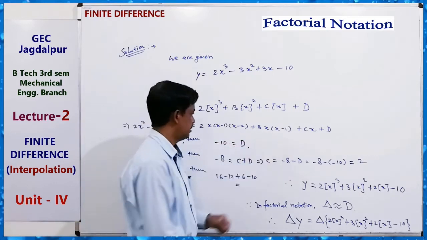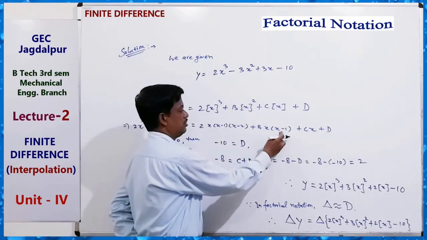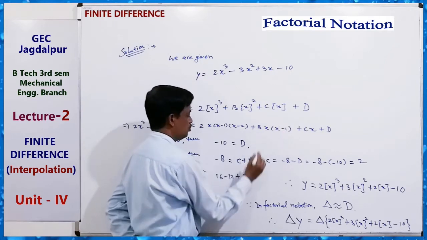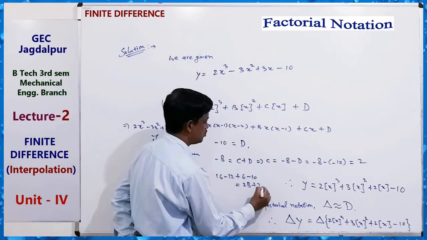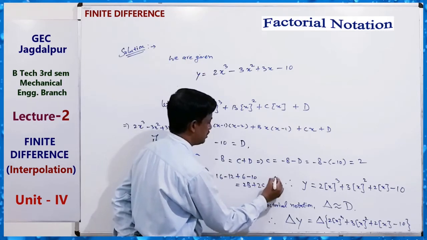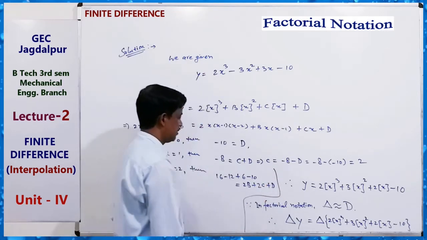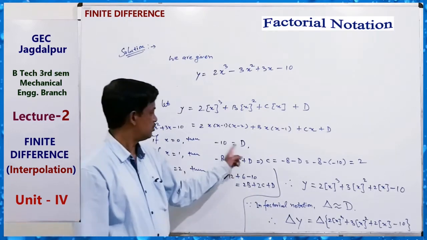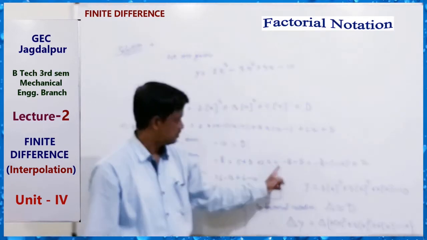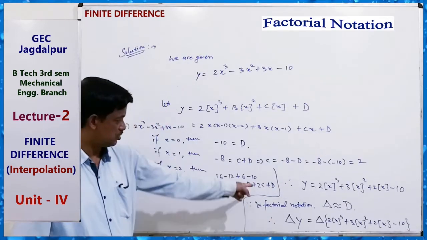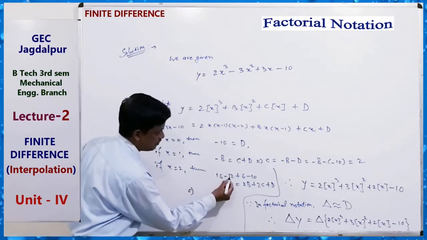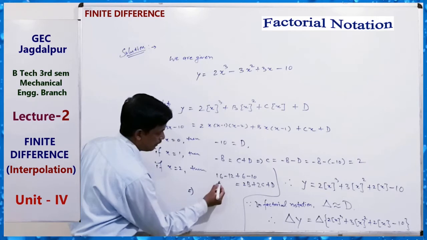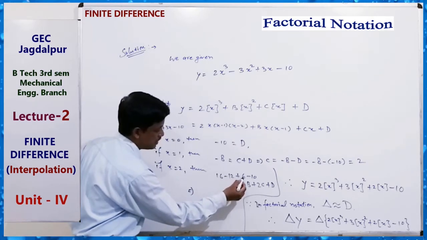So now here 2 into 1 into 2, 2b plus 2c plus d. Now from here, just put d equals minus 10 and c equals 2. So we can find 16 minus 12, 4 and 6, 10.